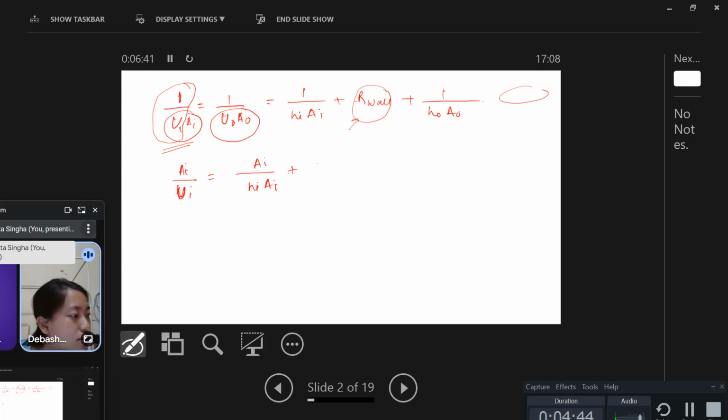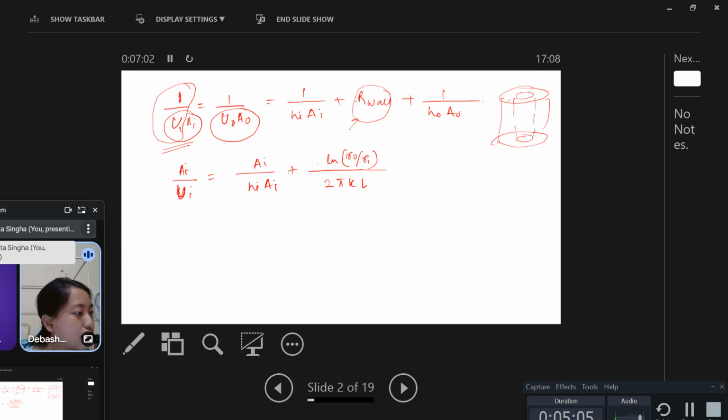R wall. So for concentric cylinder, the resistance will be ln r naught by ri divided by 2 pi kL.